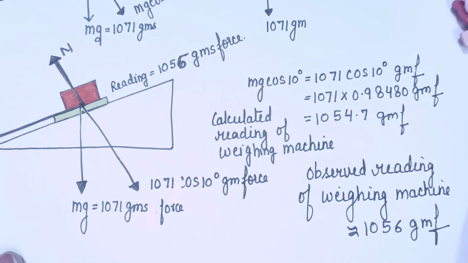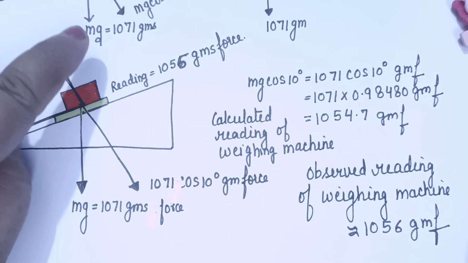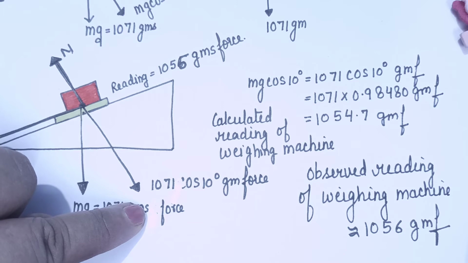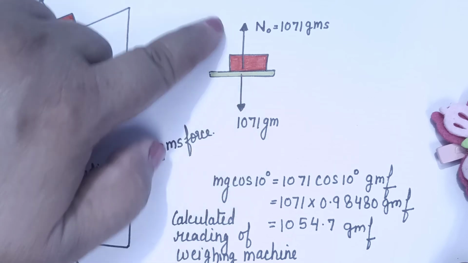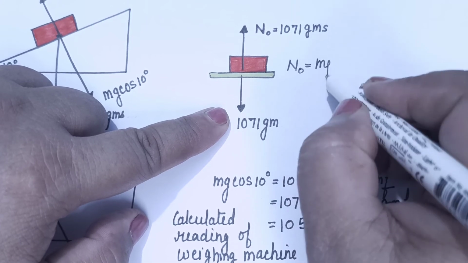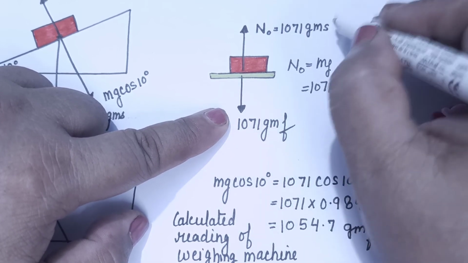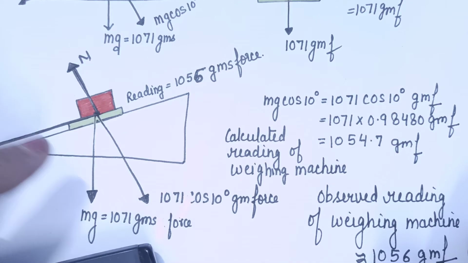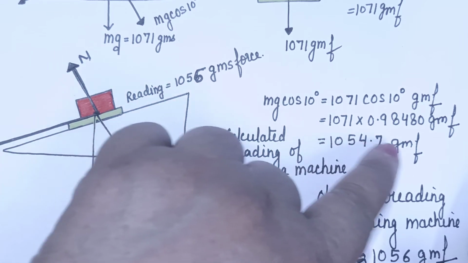So it is observed that the weighing machine reads the reaction force. Why? Because the gravitational force is still 1071 gram force, but the reaction force changes from the value 1071 gram force, where the reaction force is equal to mg, to the value 1054.7 gram force.